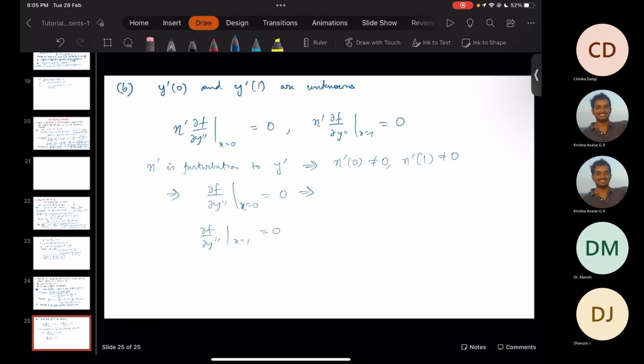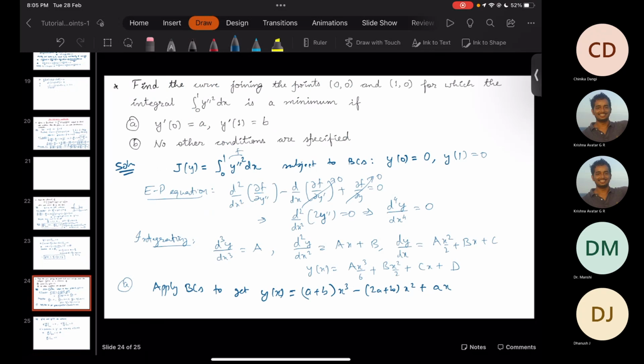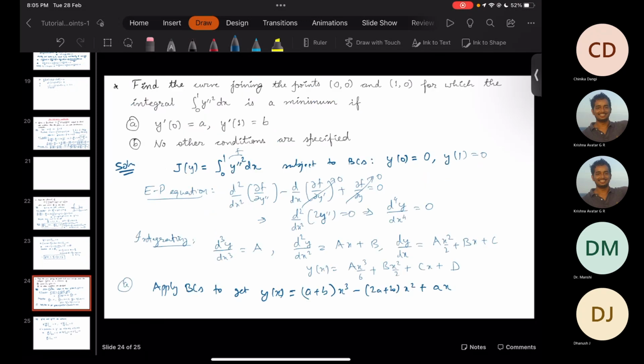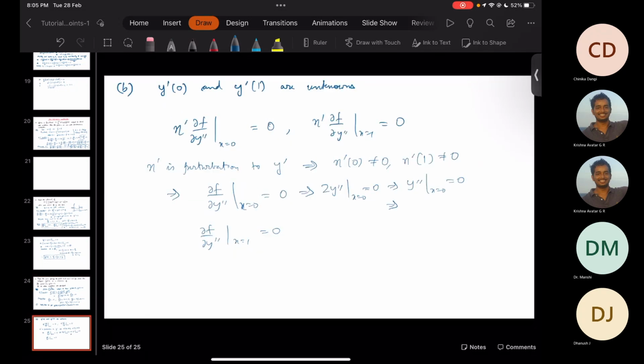So from the first condition, del f by del y double prime is nothing but 2 y double prime. So this gives us 2 y double prime at x is equal to 0 is 0, and we can just factor out 2, so it is y double prime at x is equal to 0 is 0. And from the general expression, y double prime is nothing but ax plus b, right?